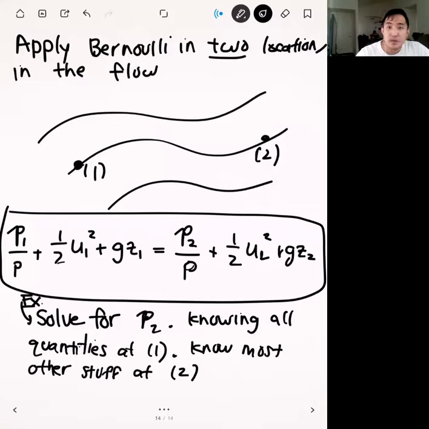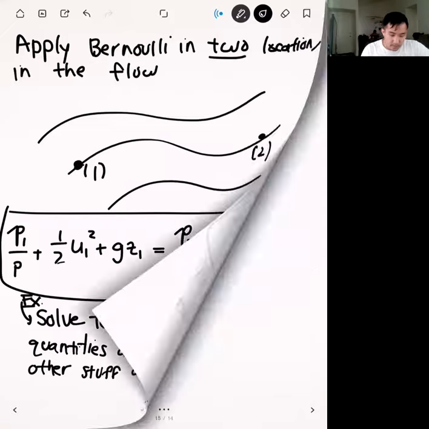Okay. And so the other big thing that you need to know for Bernoulli, in the short time that I have left, is conservation of mass.